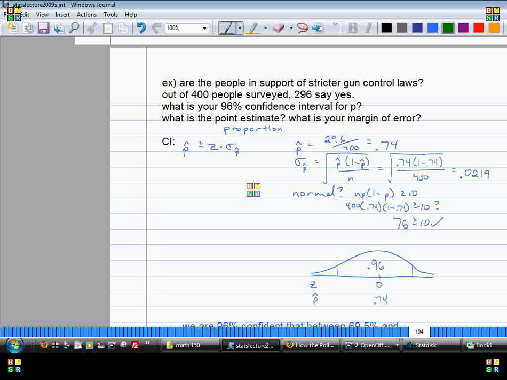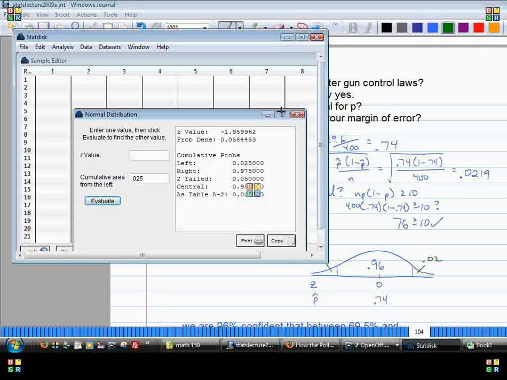So once we know that, what else can we fill in? Point what? 0.02 in each tail, because it's 0.04 divided by 2. Okay. And then once we have that, now what do we find? Z-score. So, area to the left is 0.02.